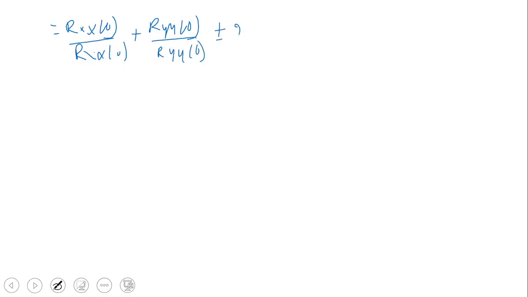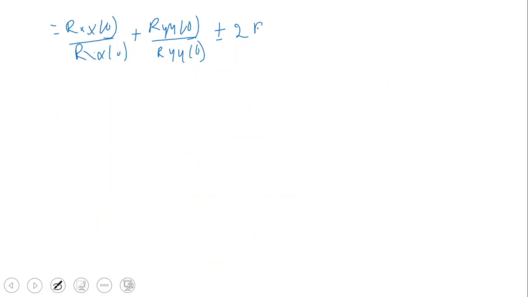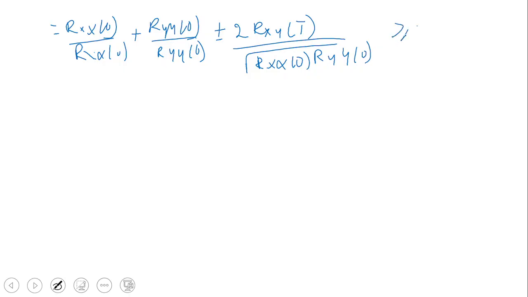Substitute these two there, what will we get? That is equal to r x x of 0 divided by r x x of 0, plus r y y of 0 divided by r y y of 0, plus or minus 2 E of x of t y of t plus tau, that is nothing but the cross correlation r x y of tau, divided by square root of r x x of 0 r y y of 0, is greater than or equal to 0.